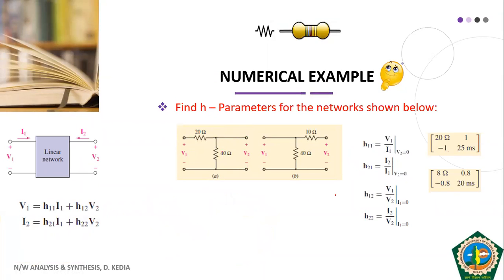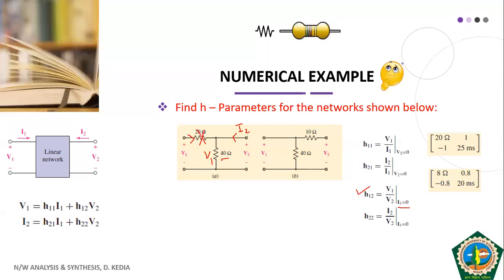Fine. Now let us find out H12. H12 is nothing but the ratio of the two voltages, V1 by V2, with I1 equal to 0. So your I1 is 0, which means this resistance is no longer in the picture. Your I2 is there in this branch. There is no drop across the 20 ohm, so this V1 will be present across the 40 ohm.